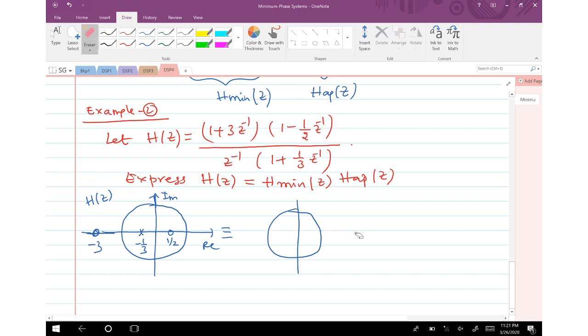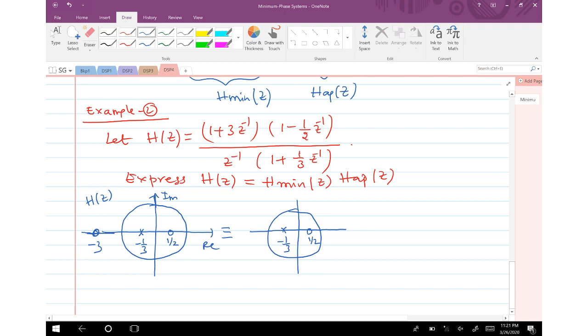It's too long. I want to keep space for the other one, so that's good enough. Okay, and then we are not going to touch 1 by 2 here because that's already inside. I don't need to touch minus 1 by 3. Okay, minus 3. Well, there is something happening here.